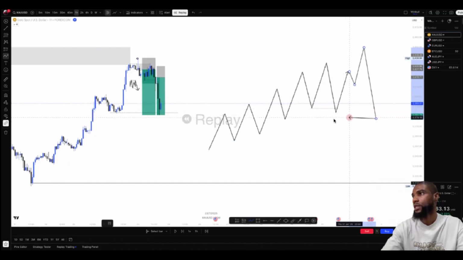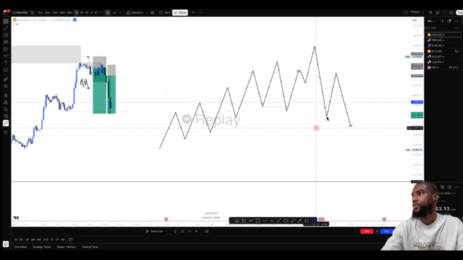So we can say, okay, this is a sweep, and then you can see price came back up, took that high, and then came back, broke structure, pushed back up, broke structure again. So in this case now, we can consider that the market is changing trend and start looking for sells. So this is our last higher low.